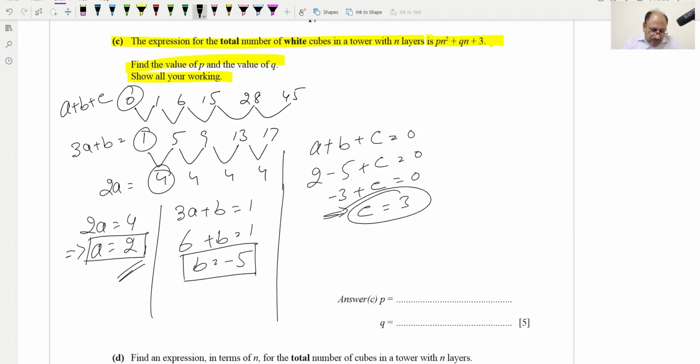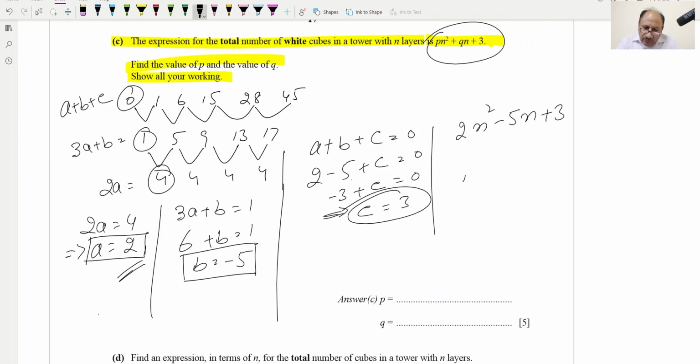Now we can write the equation in this format, p q. So p will be basically our a. So p will be equal to 2. What we can do, we can write this in this format: 2n squared minus 5n plus 3.